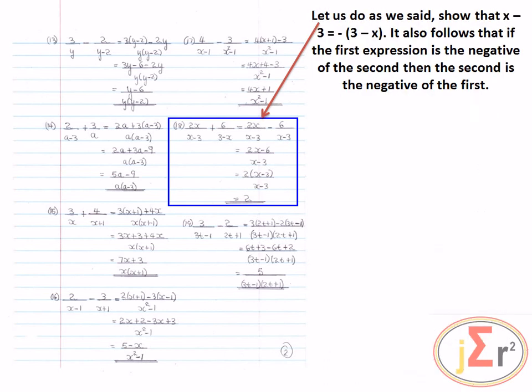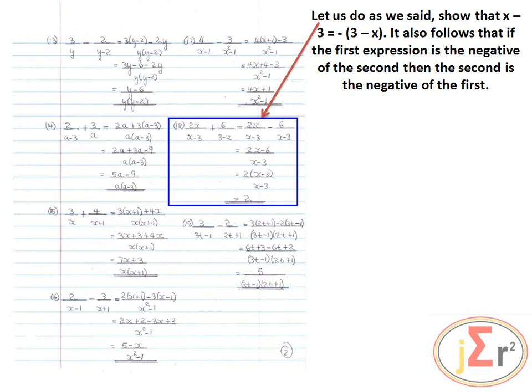Let us do as we said, show that x minus 3 is the negative of 3 minus x. It also follows that if the first expression is the negative of the second, then the second is the negative of the first.